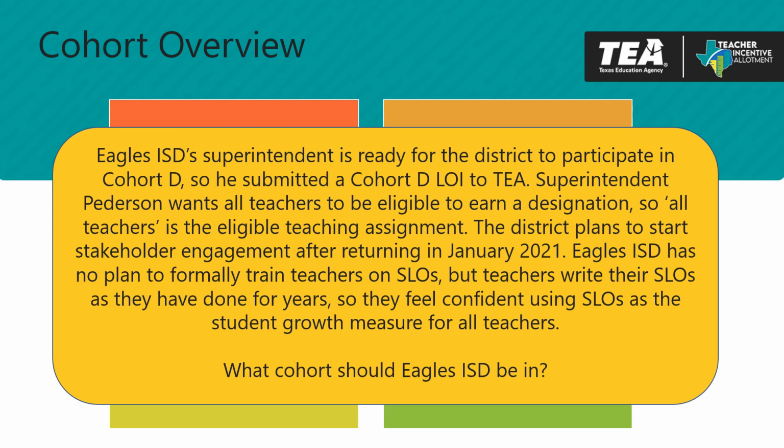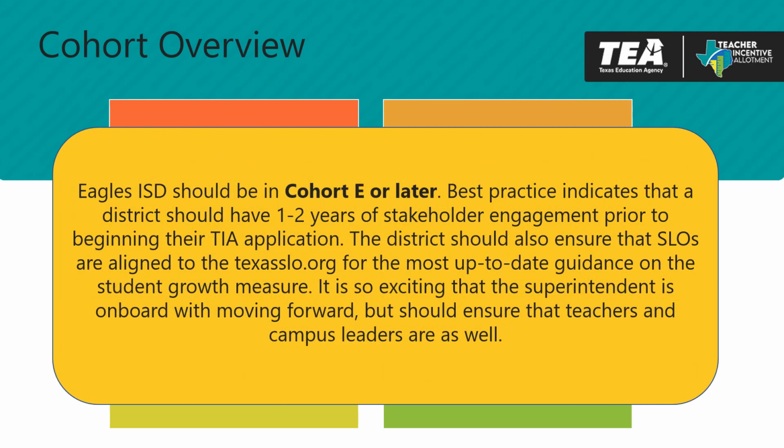We know that we have a resource in texasslo.org, which helps to provide information on SLOs. However, there's no training that's happening in Eagles ISD. So when we put all of the components of this example into context, not just one sentence or one part, we see that Eagles ISD should probably consider Cohort E or later.